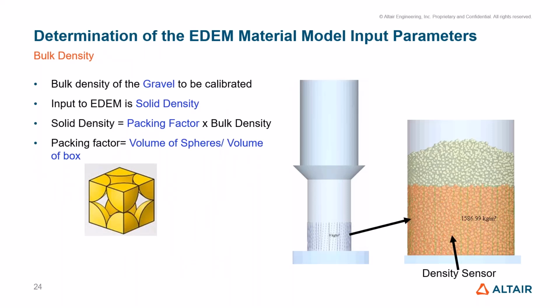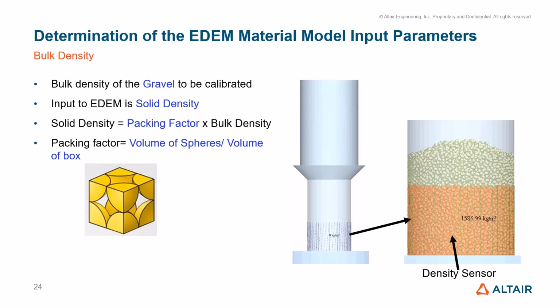So how to perform the bulk density calibration? To summarize, in EDEM we are given a solid density, not the bulk density. The solid density is calculated as the packing factor times the bulk density. In general, for a random approach to fill a cube with spherical particles, the packing factor is around 59 to 60%.